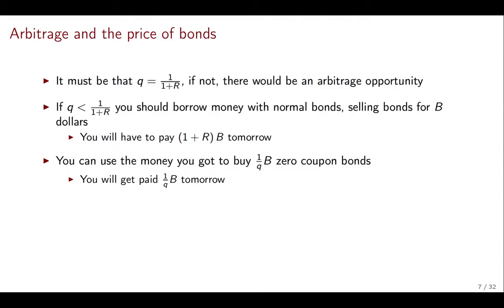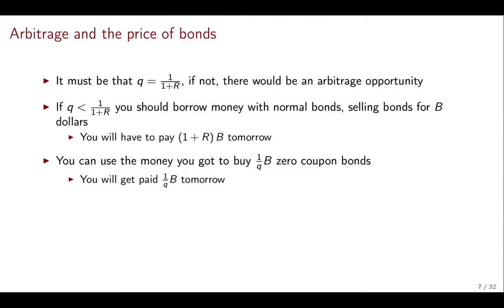To recap, what you're doing is you're borrowing money with a normal bond. Tomorrow you have to pay back that money with interest. You're going to use all that money to buy as many zero coupon bonds as you can. You can buy 1 over Q times B zero coupon bonds.